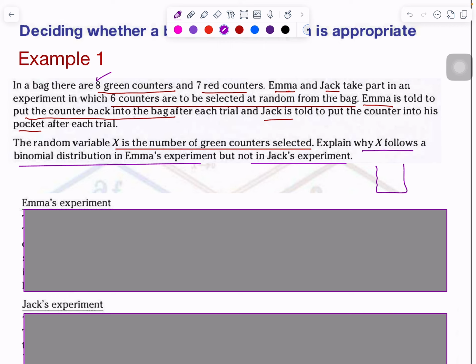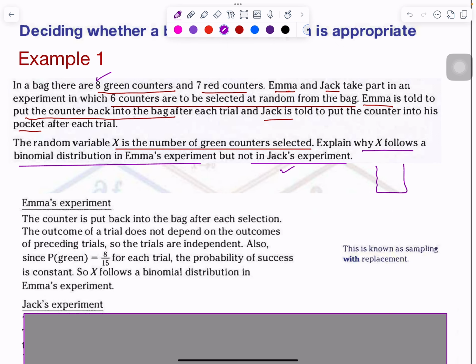Whereas in Jack's experiment, he is taking the counter and putting it in his pocket. So next time when he takes it out, the probability does not remain the same. The total number of counters is changing, and the number of green ones will also get lesser. So that's why we can comment like this.